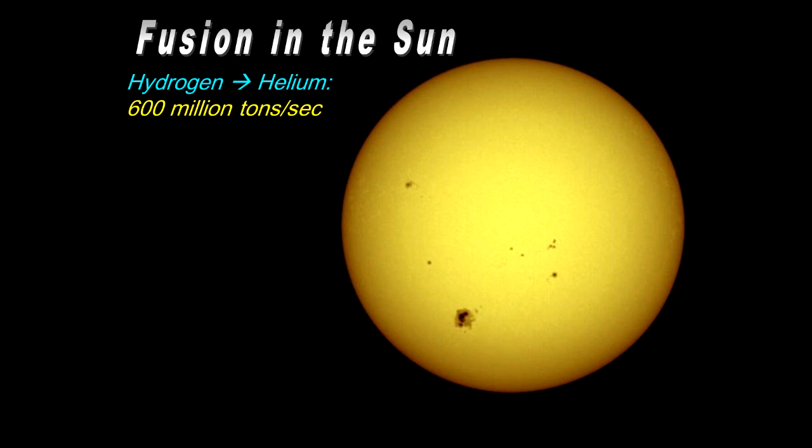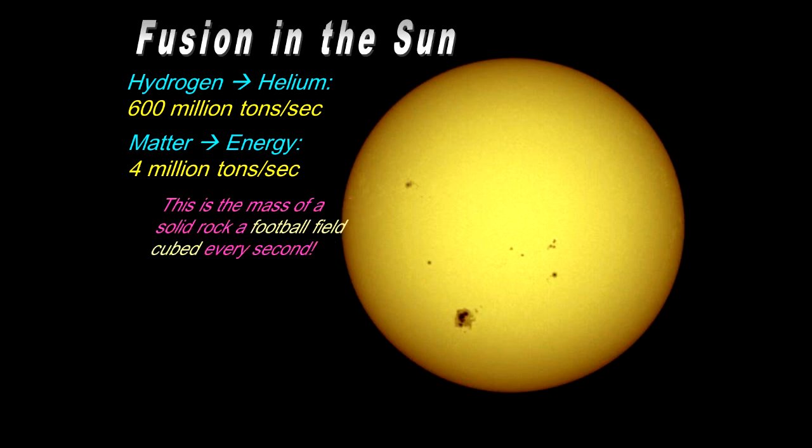600 million tons. That'd be a pretty big pile of dirt, for instance, but this is gas, of course. A small mountain, perhaps. Every second, that's the rate at which helium is produced, and because of the 0.7% mass to energy transition, that translates into the 4 million tons per second of matter literally disappearing from the sun.